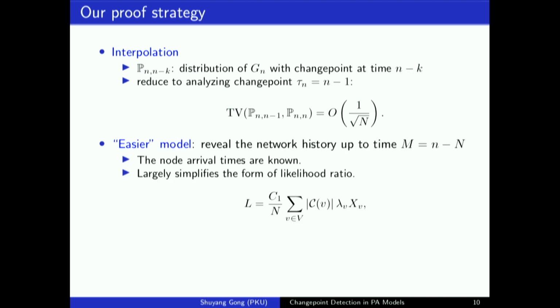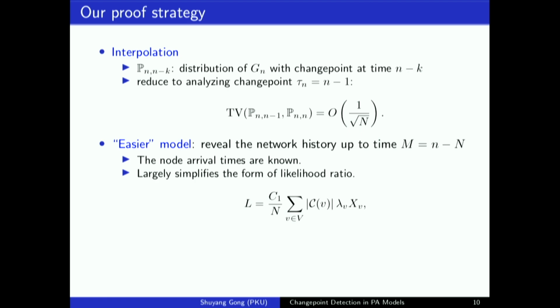To do this, we consider the easier model which I mentioned earlier. I reveal the network history up to time capital M equals n minus capital N. Recall that capital N is little o of n and bigger than delta squared. So we know the arrival times before capital M. In this way, we can largely simplify the likelihood ratio. Here, capital V in this formula is the set of vertices that arrive after time tau n.